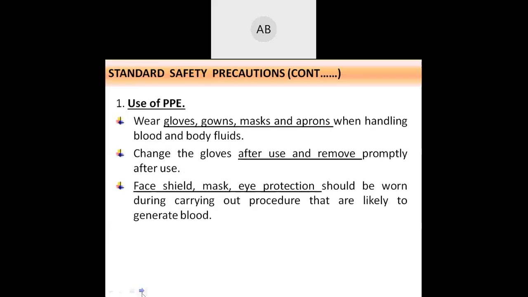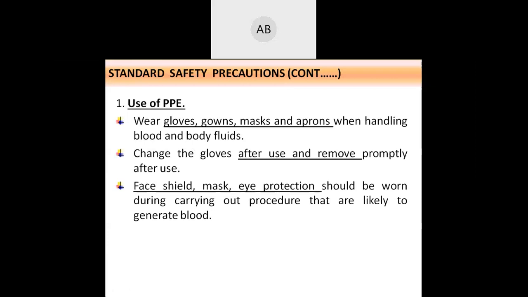First of all, using personal protective equipment means the person who is taking care of HIV patients or hepatitis B patients has to wear gloves, gown, mask, and aprons, and at the same time maybe eye goggles and even boots or shoe covers.